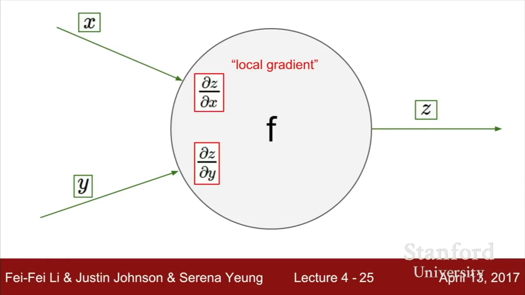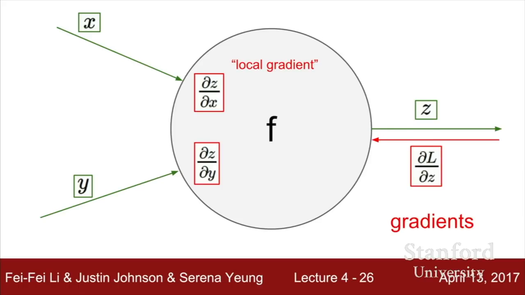Right, so we said that we have these nodes, and each node gets its local inputs coming in and the output that it sees directly passing on to the next node. And then we also have these local gradients that we computed, the gradient of the immediate output of the node with respect to the inputs coming in. What happens during backprop is we start from the back of the graph and work our way from the end all the way back to the beginning.